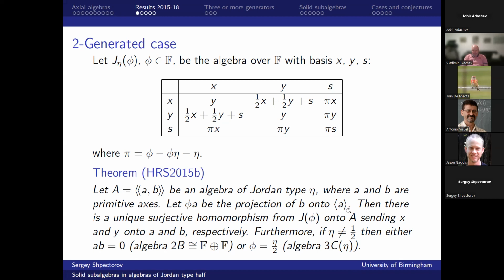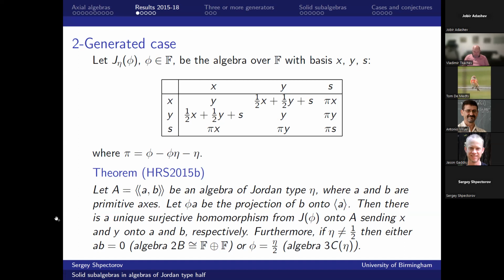So we have the projection map, ignoring all the other components of the vector for other eigenvalues. And so the projection should be exactly phi A. Then for this value of phi, you have the algebra above, J of phi, and there is a unique surjective homomorphism from J of phi onto A, sending X and Y to A and B respectively.